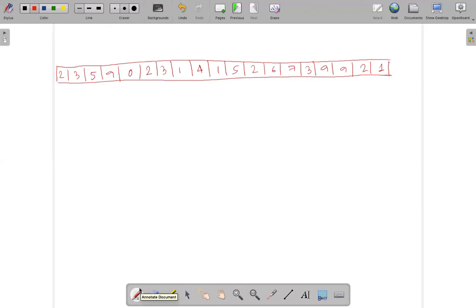Okay. And let us say our q is 13 in this case. And we want to calculate the hash for the pattern 14152, right?